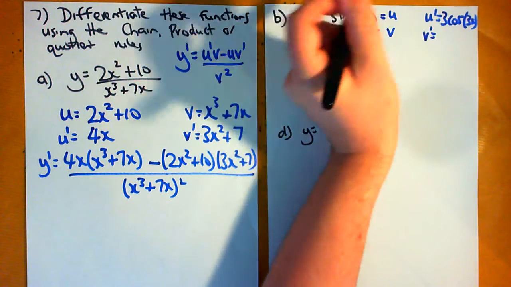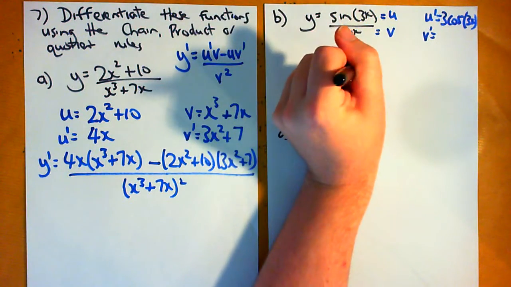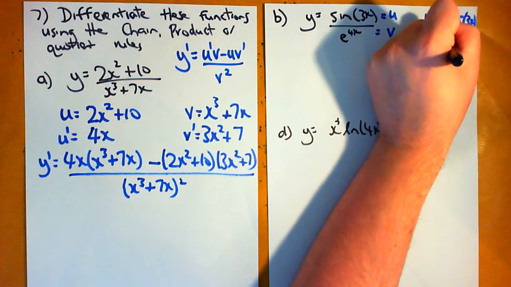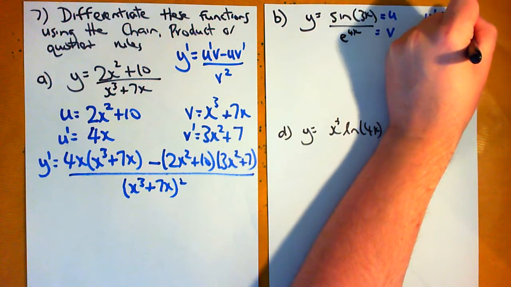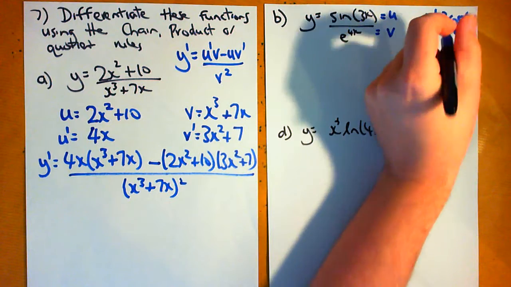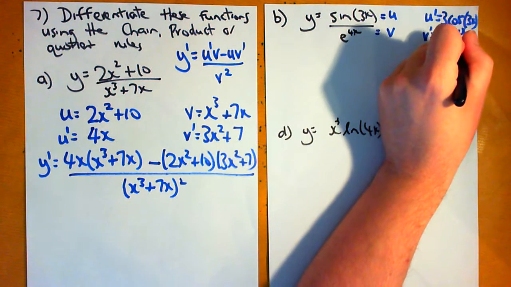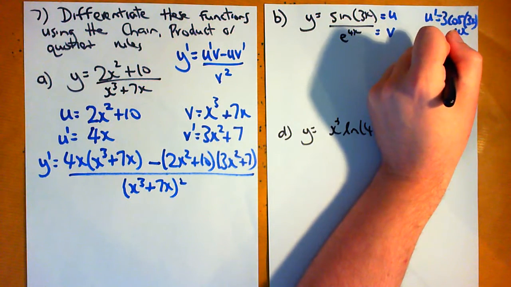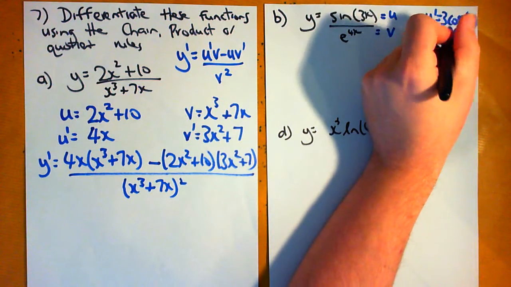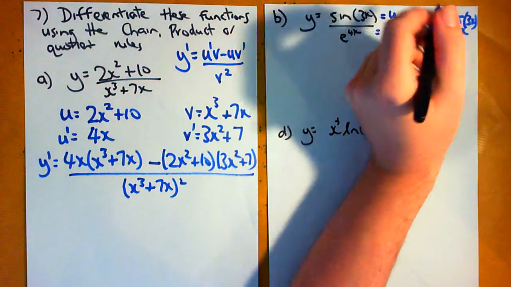And v dash is differentiate e to the 4x. If we differentiate e, the power stays the same, but by the chain rule, because we need to use the chain rule to differentiate this, we need to multiply by the derivative of that power, which is 4.